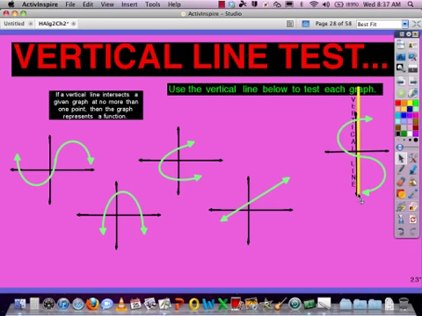So, if we chose a point on our S curve, let's say right here, it would look pretty good. Only hits it once. But as soon as you just move this over slightly, you've got a problem. You have that same situation we had a minute ago. You have 2 points on that same vertical line, same x value, that correspond to 2 different y values.